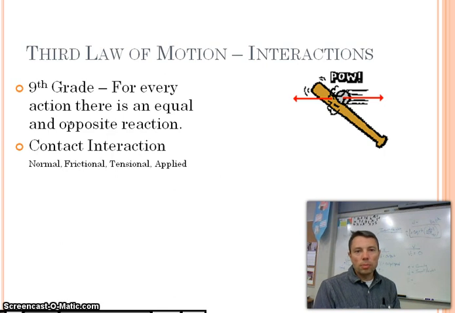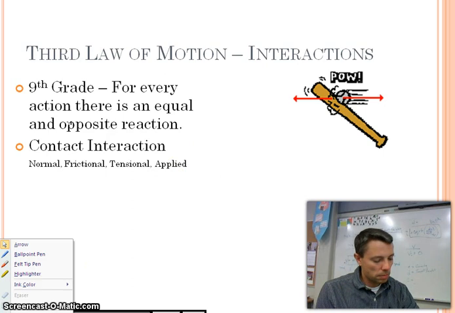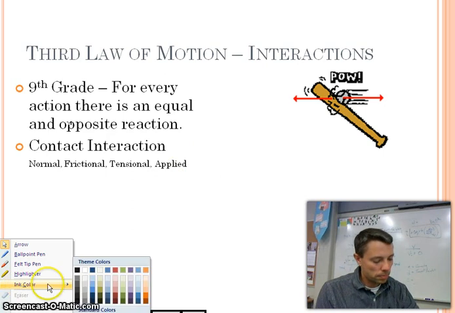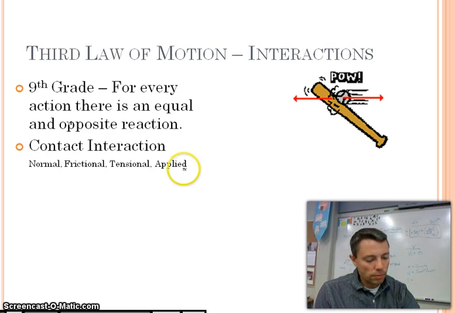So let's talk a little bit about what is a contact force or contact interaction. You can see I've got a list there: normal, frictional, tensional, and applied. I'm going to say the applied is the easy one, because the applied force is the one that I am applying.